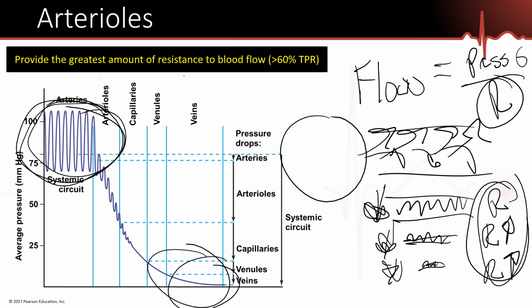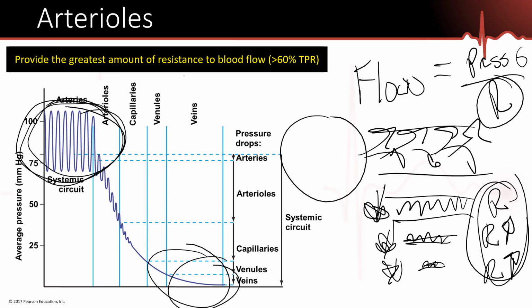Blood is going to flow through the arteries much more effectively, much faster, than it's going to flow through the veins. Why? I think we've established that as the arteries get further and further away from the left ventricle, they become more and more narrow, creating more and more resistance to blood flow, which decreases the flow of blood.